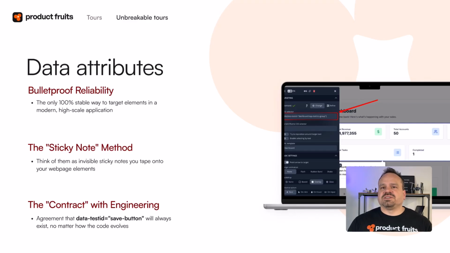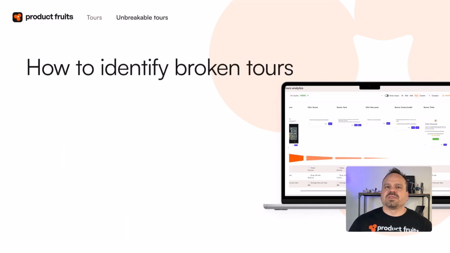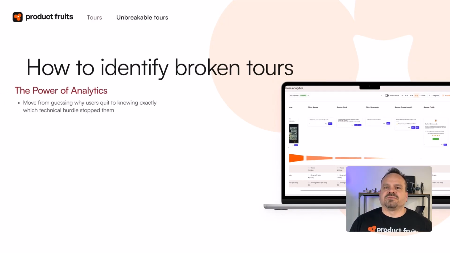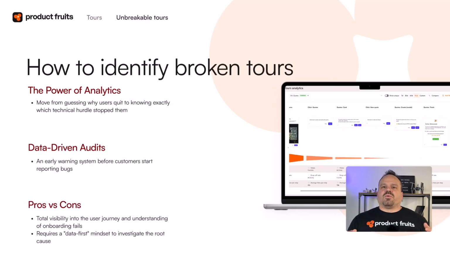And to see all these improvements after the implementation, we have to go to our analytics. So how can you identify broken tours and handle it through the analytics? While it takes some effort to process and interpret analytical trends at the beginning, the payoff is a deep understanding of your onboarding health.